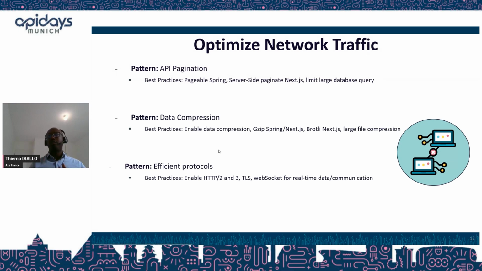And data processing and data compression, sorry. In our day, a lot of frameworks or languages implement default data compression when it comes to calls over the network, like gzip in Spring or something.